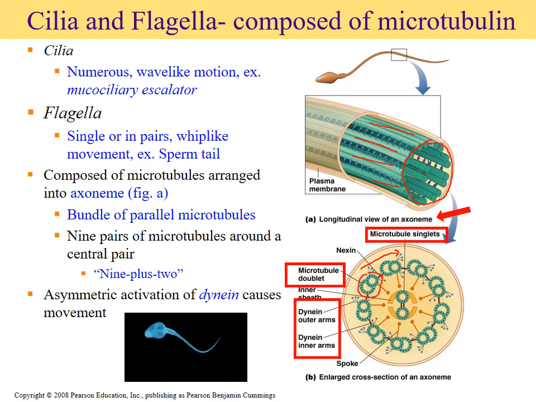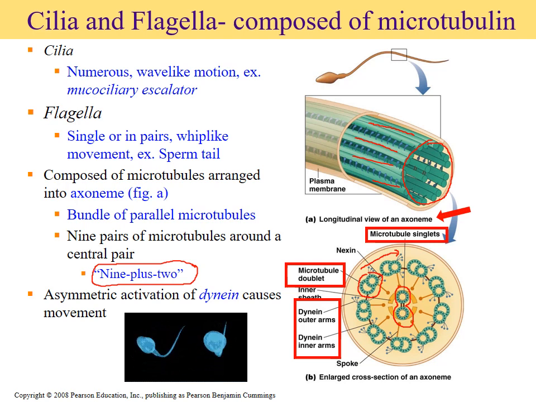And on the inside, you're going to have singlets, so one by itself, and they're going to have 2 of them. So this is where you come up with the 9+2 ratio. So this is the general setup or arrangement of the microtubules to give shape to the cilia and the flagella.